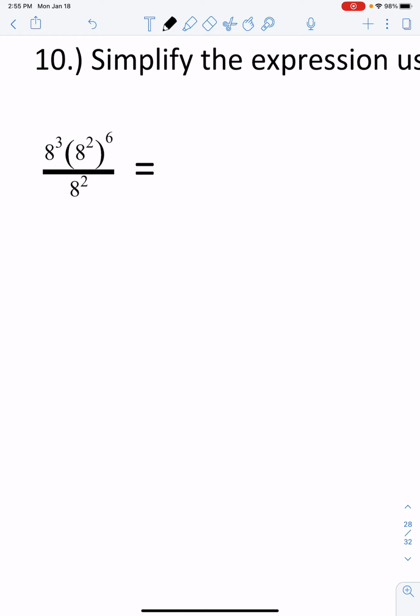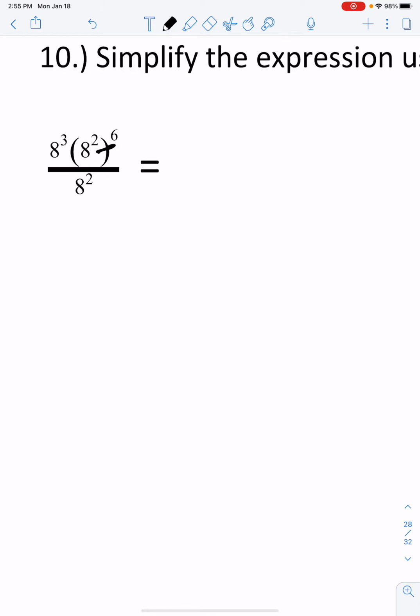So the very first thing I have to do is I have to multiply the 2 times 6. So I have 8 to the 3rd times 8 to the 12th. And that's going to be over 8 squared. The next thing I have to do is I'm multiplying, so I have to add my exponents.